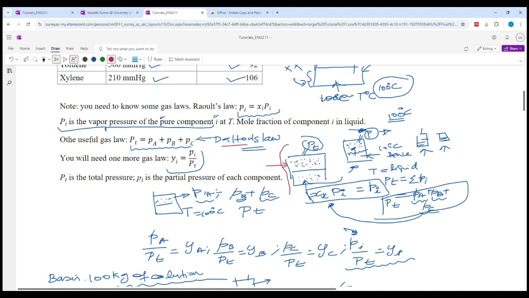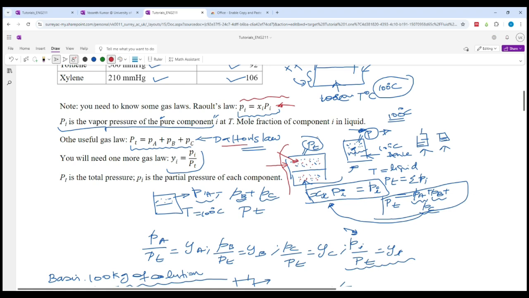So this is what we learned in the first example. Another thing that we learned is how to use the so-called Raoult's law. Raoult's law requires vapor pressure. If you have the vapor pressure, and you know the mole fraction of each of those components in the liquid side, then it allows you to calculate the pressure exerted by each of those components in the vapor phase.